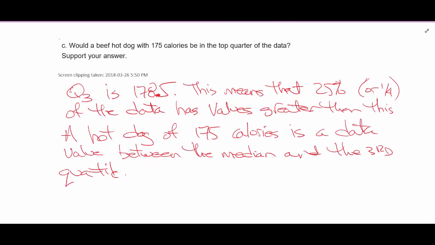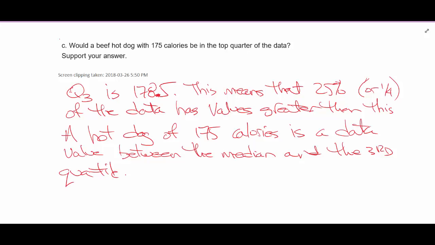So would a beef hot dog with 175 calories be in the top quarter of the data? Well, Q3 actually is 178.5. This means that 25%, or 1/4 of the data, has values greater than this. So a hot dog of 175 calories is a data value between the median and the third quartile. Keeping in mind, the median splits the data in half, so that 50% of the data is above the median, 50% below. The third quartile, 25% of the data is above the third quartile, 75% is below.